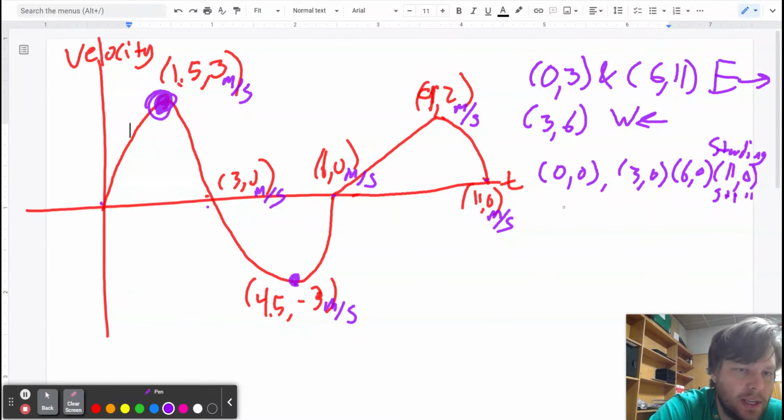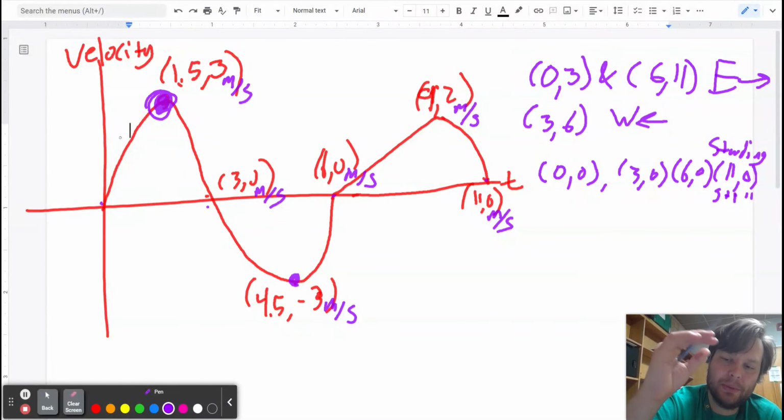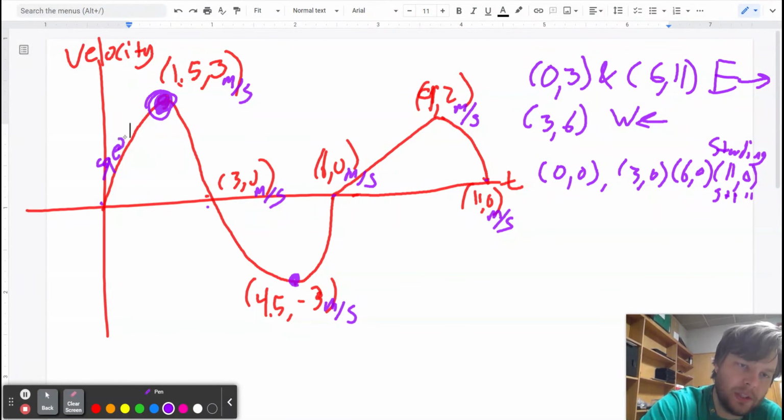And then the times that you are speeding up or slowing down, that is when your velocity has a positive slope or a negative slope. And you just have to be a little careful because we're talking about speed here as opposed to velocity. So for example, right here, we are speeding up. Here, we are slowing. From here to here, we're slowing down.